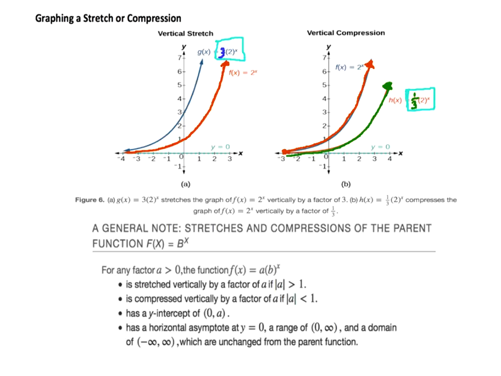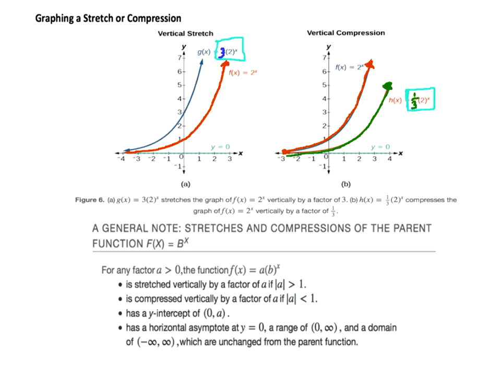So same old stretch and compress. Don't forget that for compression, vertical compression, it needs to be between 0 and 1. The sign has nothing to do with stretch and compress. So if I did -3, it's still going to be stretched vertically, but then we're moving into reflection when we start changing the sign, which we'll talk about in a moment.